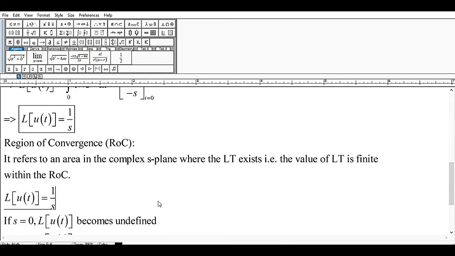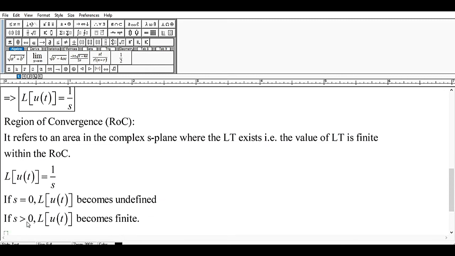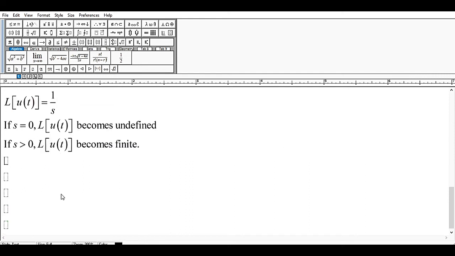Now one can clearly understand that if s equal to 0, then the Laplace transform of the unit step function becomes undefined. On the other hand, if s is greater than 0, then the Laplace transform of the unit step function becomes finite.